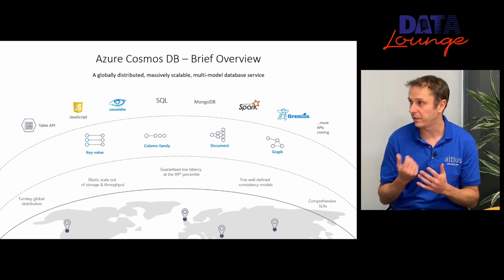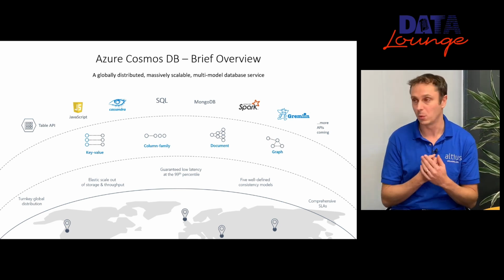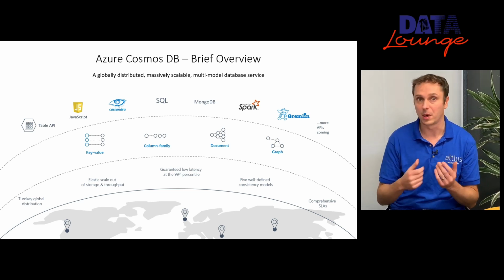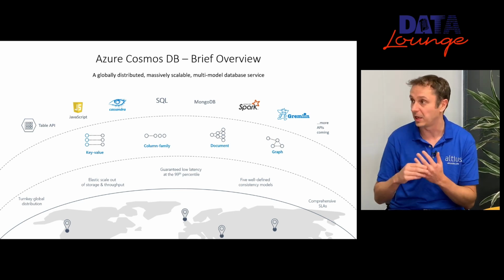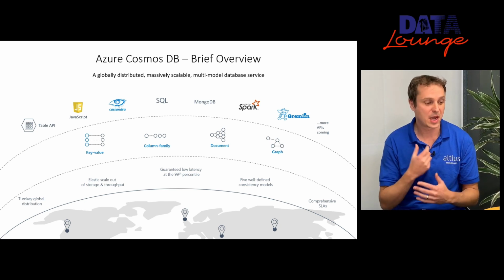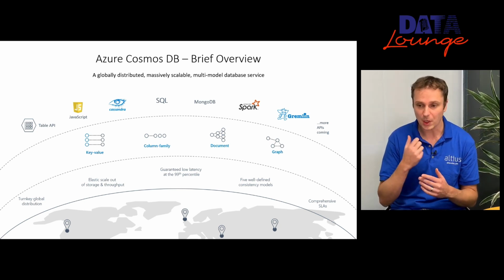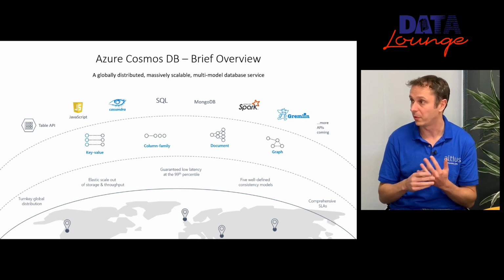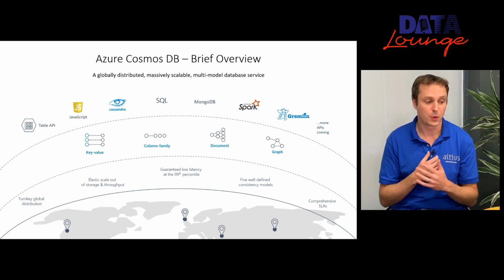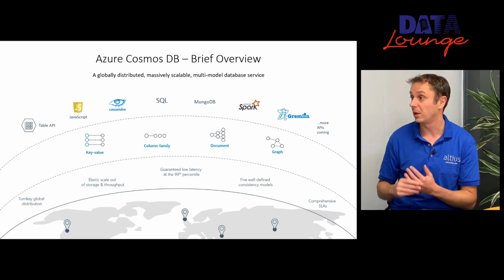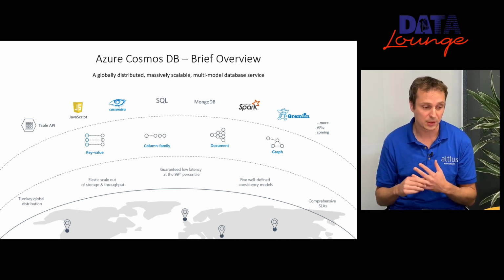There are 4 different types of database that sit on there. You've got key value pairs, for very quick lookups: look up a key, get a value. There's a column family type, similar to storage tables before in Azure Storage, so if you want typical database tables of data, you can use Cosmos for that.